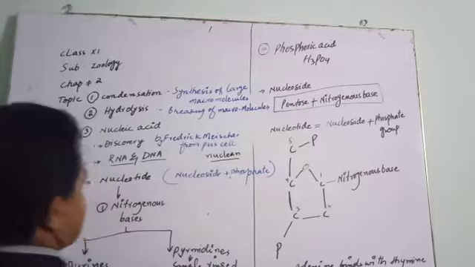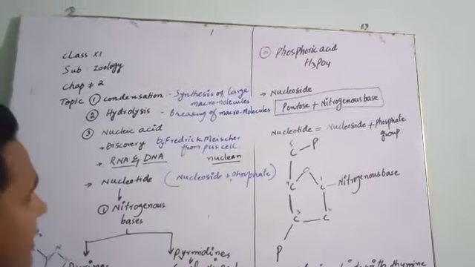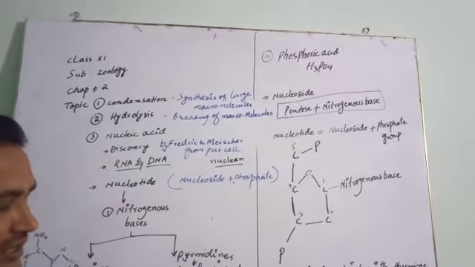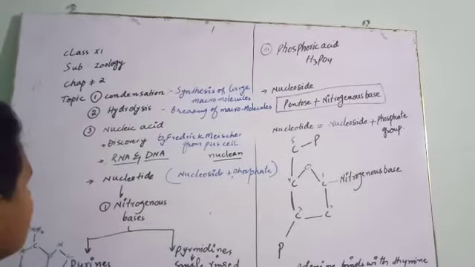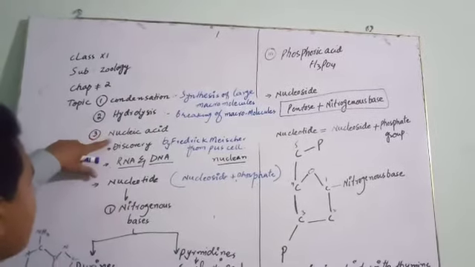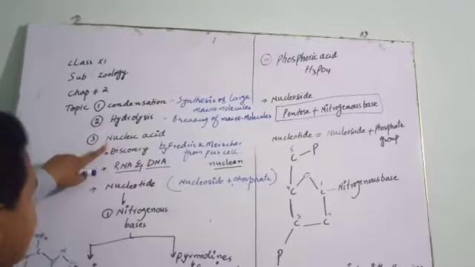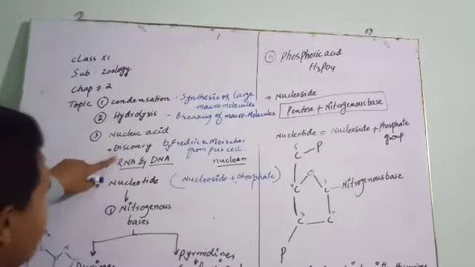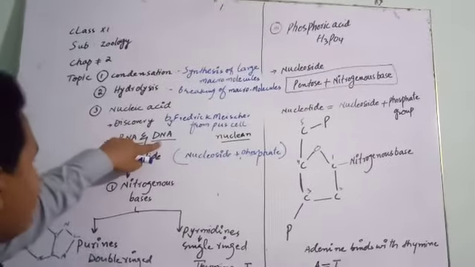Then it was discovered that nuclein has an acidic property, so it was named nucleic acid. Then two types of nucleic acid were discovered: RNA and DNA.